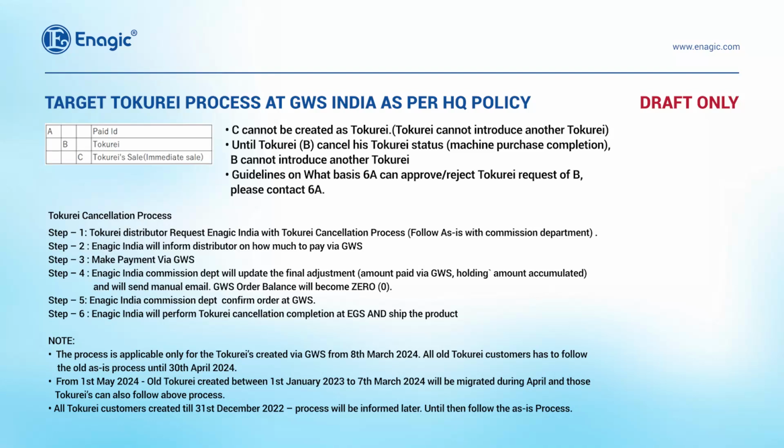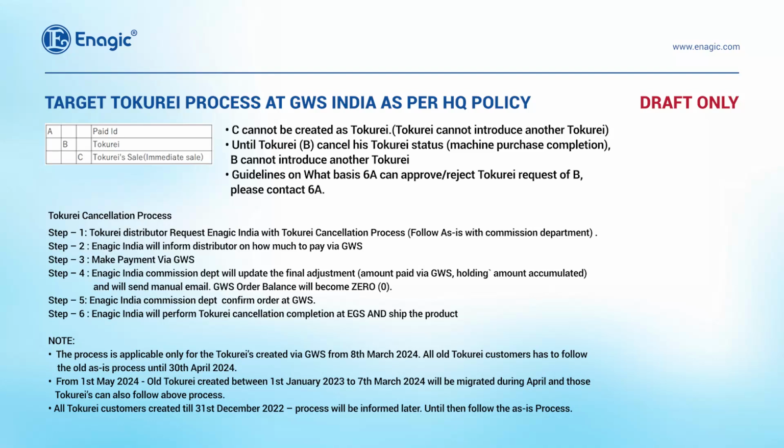Note: the process is applicable only for the Tokures created via GWS from 8th March 2024. All old Tokure customers have to follow the old as-is process until 30th April 2024.